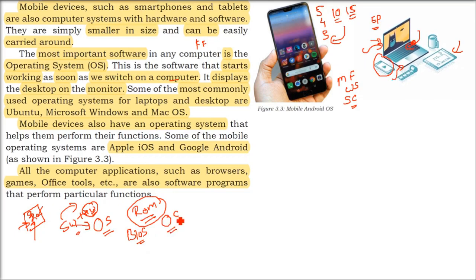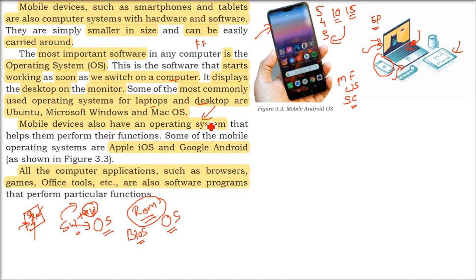Now the computing system will be handled by the operating system. Before that we have BIOS, which is done by the hardware, but after that it is all by the operating system. Operating systems on laptops and desktops include Ubuntu, Microsoft Windows, Mac OS. Ubuntu is basically a Linux version.